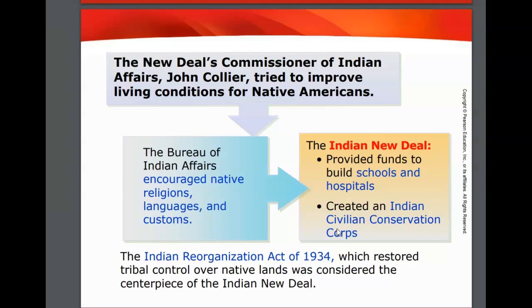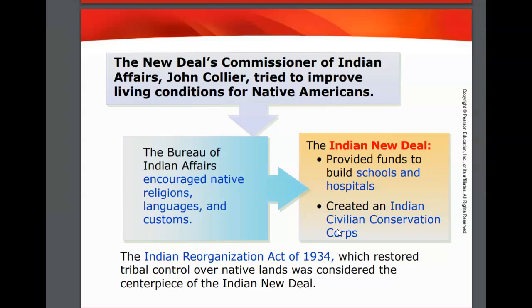So control went from essentially white organizations and groups or the government back to native control over their land. So even though the Indian New Deal did not necessarily immediately improve their standard of living, the Indian Reorganization Act did give American Indians greater control over their own destiny and their lives, and that was important.